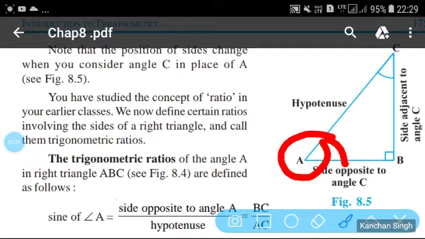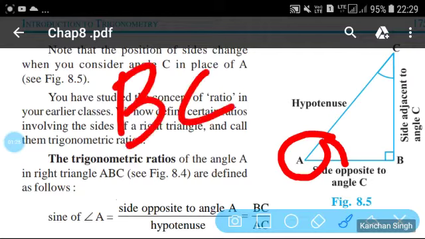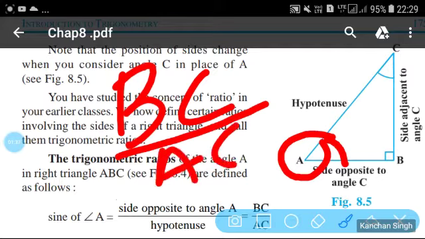Here the opposite side of angle A is BC, and we know that in a right angle triangle the longest side is the hypotenuse, so AC is our hypotenuse.